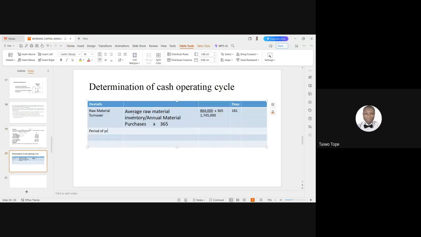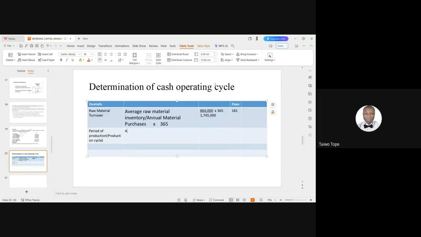So period of production, or production cycle, because the question can come up with synonyms. Don't say you've not seen it before. And when you have to calculate this, what are you going to do?